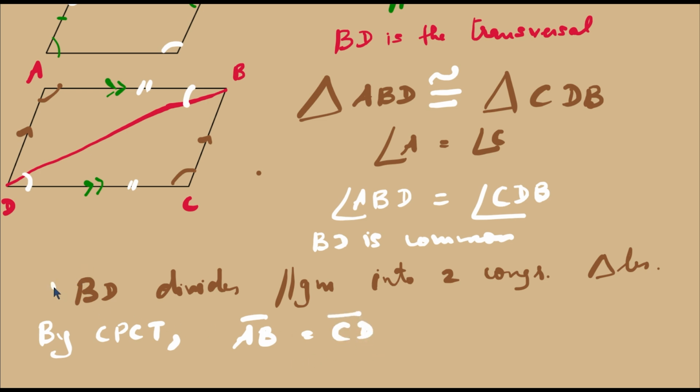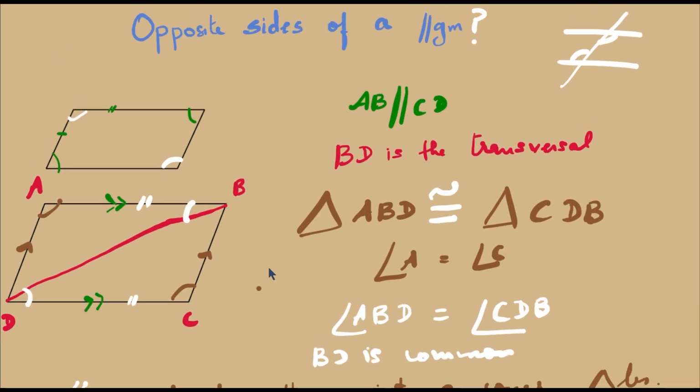So, by using this property, which we have proved just now, that the diagonal divides the parallelogram into congruent triangles, we have established that the opposite sides in this parallelogram are equal to one another. So, this was the purpose of our video. What about the opposite sides of a parallelogram? We have an answer for this now. The opposite sides of the parallelogram are equal.